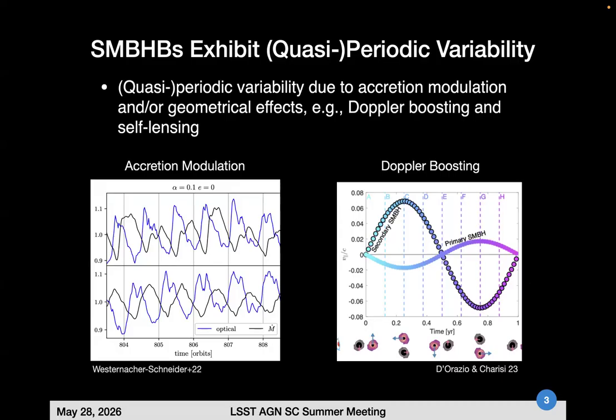Here is something from a simulation. The black one is the accretion rate variation, and the blue one is the luminosity variation. In addition, you can have two black holes in a binary, and you're looking at some inclination, and the brightness from the accretion disk of one of the black holes will change, getting brighter and dimmer as they move closer and later apart. Right.